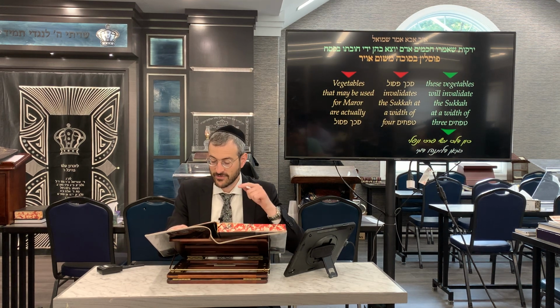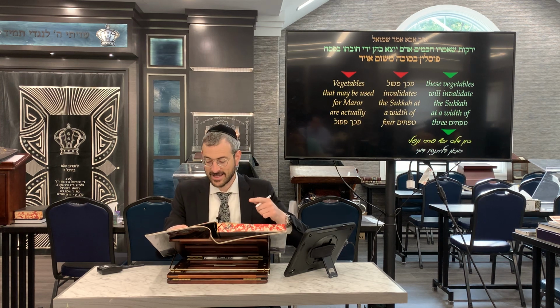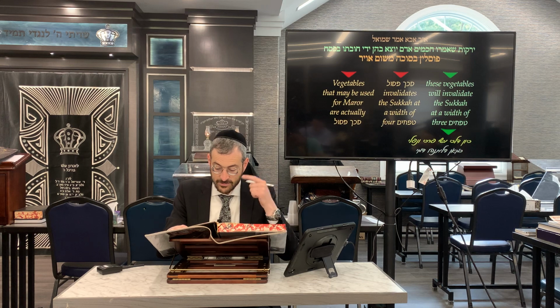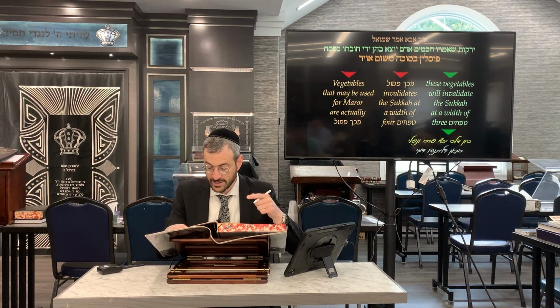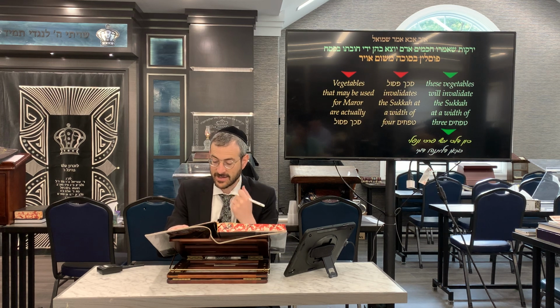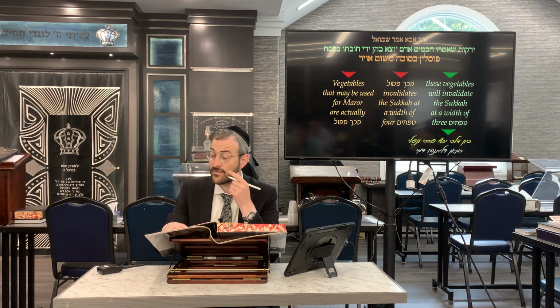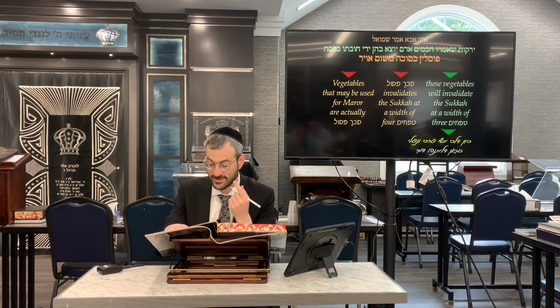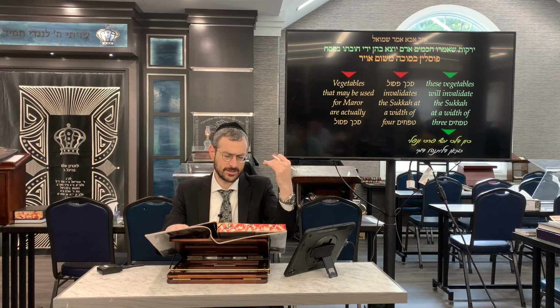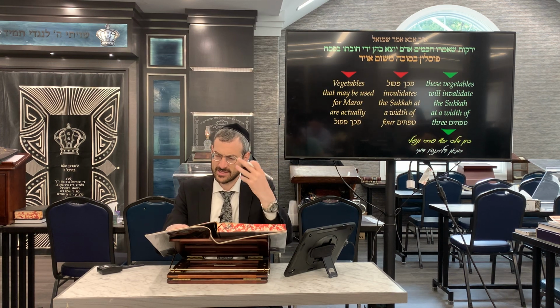Now the chiddush in this is that we're not going to say that this lettuce, this mar, is going to be invalidating the sukkah only like what's called schach pasul. When you have a food item that's fit to be mekabel tumah, that's called schach pasul. That only invalidates with 4 tefachim in the middle of the sukkah, and if it's 4 amos from the side, because it's a board. This food item is called schach pasul, but it's something, it's an entity.